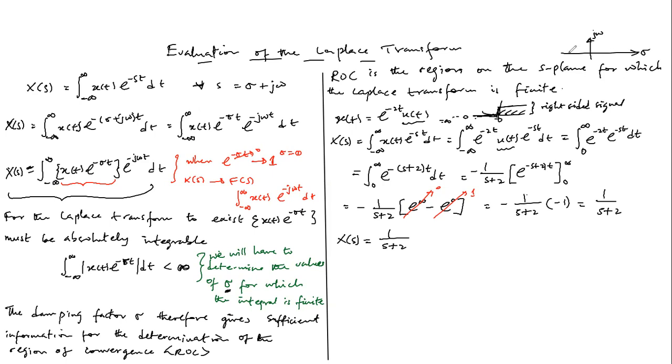So in other words, we'll have to plot some parameters here, okay? And the parameter we have to plot here is sigma, because we already established that this sigma is an interesting parameter that helps us figure out the region of convergence. So in other words, our plot will definitely be parallel to the y-axis.